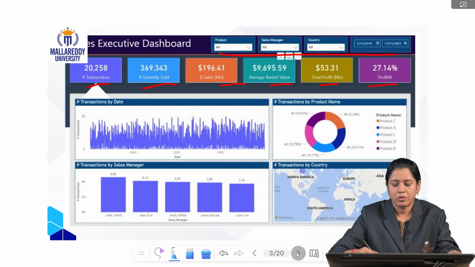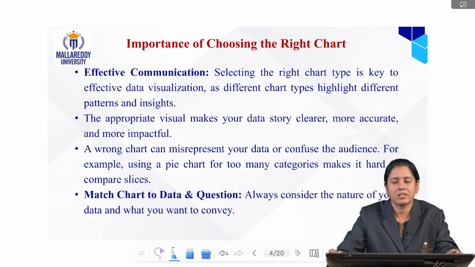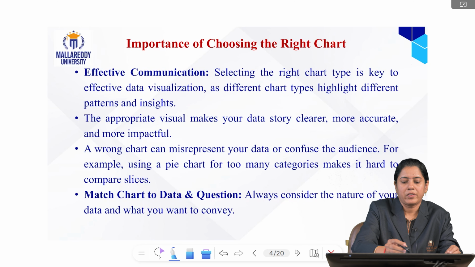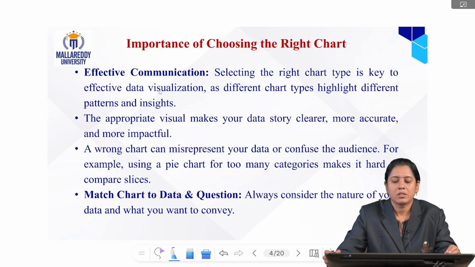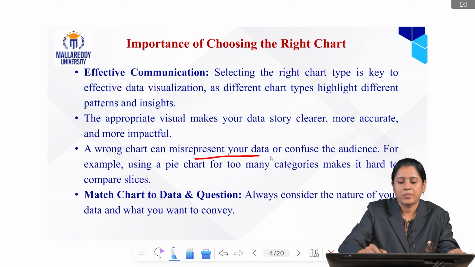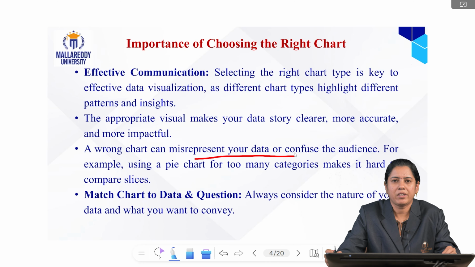How to choose the different charts is very important for effective communication. Appropriate charts give us the correct story present in the data, and wrong charts can mislead and make the data confusing to understand.